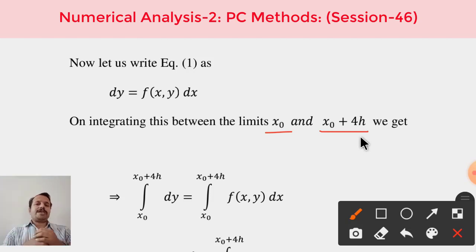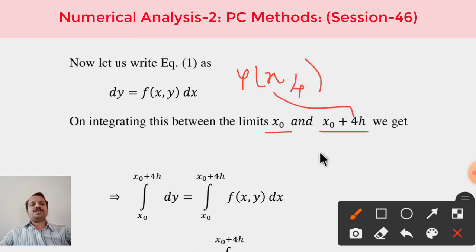So x4 stands for x0 plus 4h. This is very straightforward. We are asked to find the value of y at x4. So we have to integrate between the two limits, the lowermost limit x0 and the upper limit x0 plus 4h.